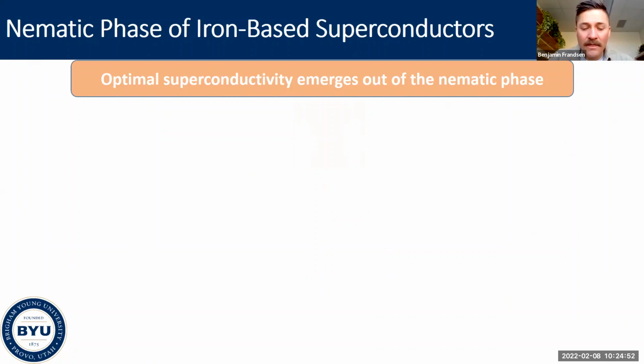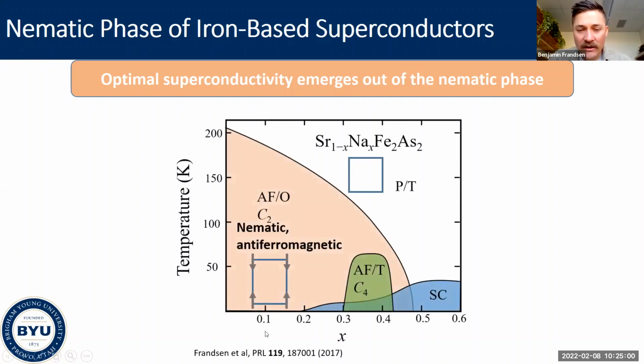So the reason it's important is because optimal superconductivity in iron-based superconductors emerges out of the nematic phase. If we look at an electronic phase diagram here, for example, strontium iron arsenic doped with sodium, as a function of sodium concentration and temperature, we move through these various electronic and structural phases.